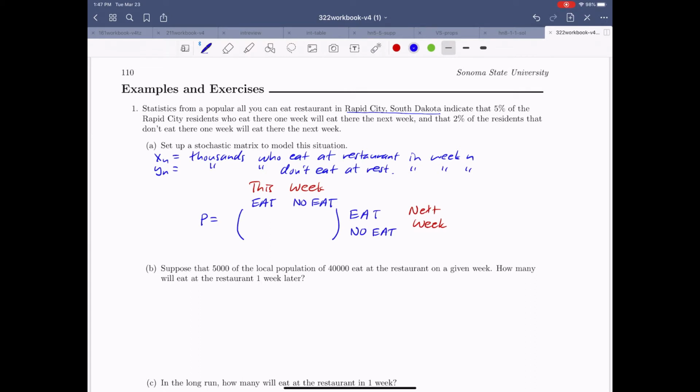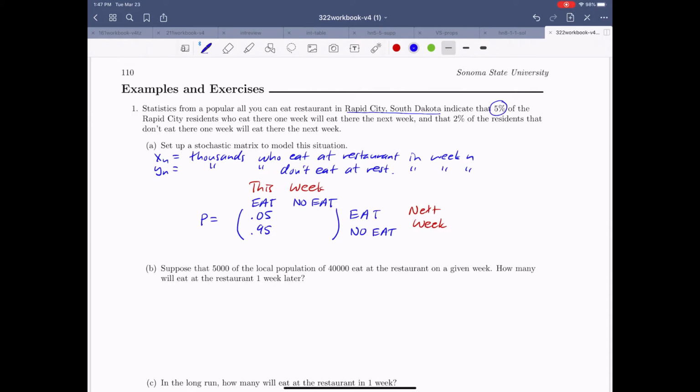Looking back up at the statement of the problem, first number that maybe catches our attention is this 5%. That's the percentage of the residents who eat there one week and also eat there the next week. So that would put a 0.05 for 5%, going from the eat category back into the eat category. And that means then that the other 95% of those who eat there one week don't eat there the next week.